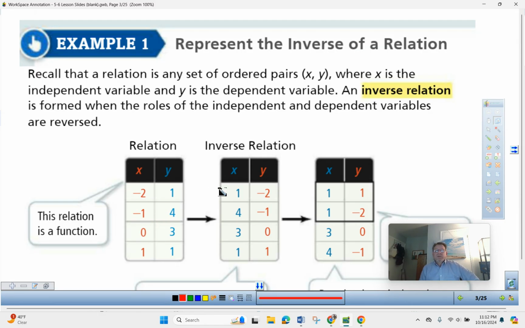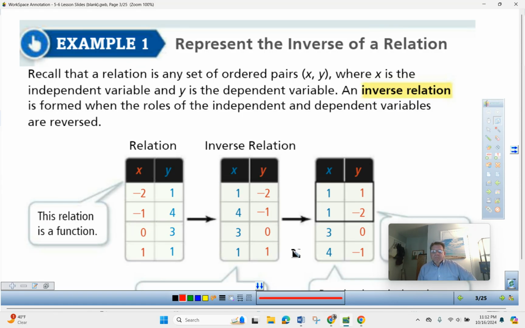Now when we reverse it, can we still say that the inverse is also a function? Well, what they did is they rearranged it and said, no, look at that. The one is used twice. So let's go back over this. Here's the original relation. This is the inverse relation.